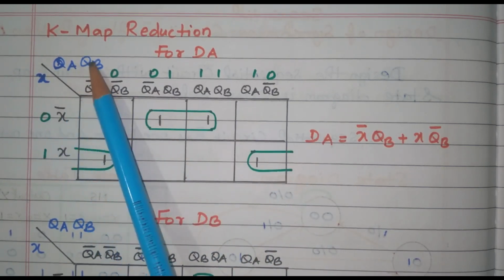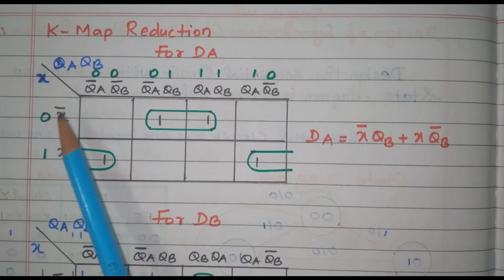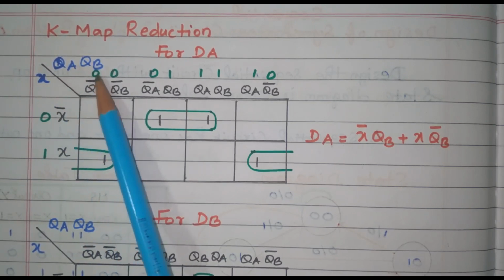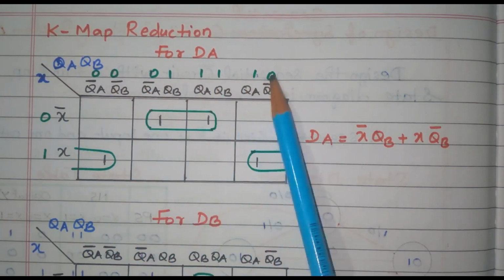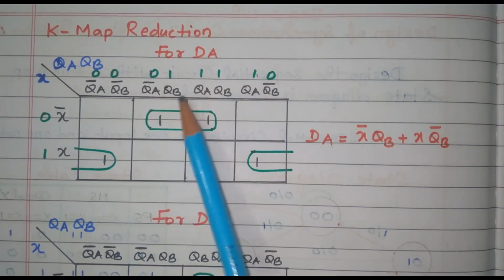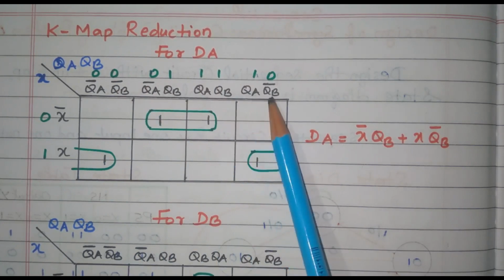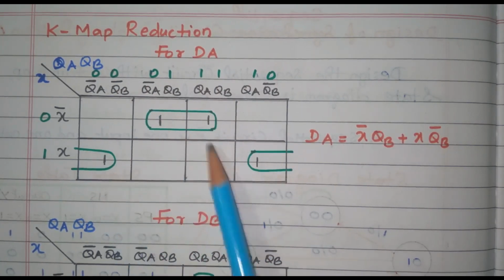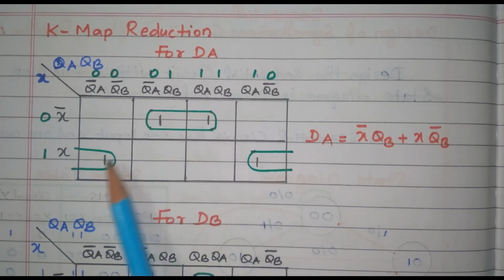X has two options, x bar and x, that is 0 and 1. qa qb has 4 options, 2 digits, 4 options: 0 0, 0 1, 1 1 and 1 0. That is qa bar qb bar, qa bar qb, qa qb, qa qb bar, right? Based on the table there are 4 ones available. These two ones are grouped together, and these two ones are grouped together, left and right corner.